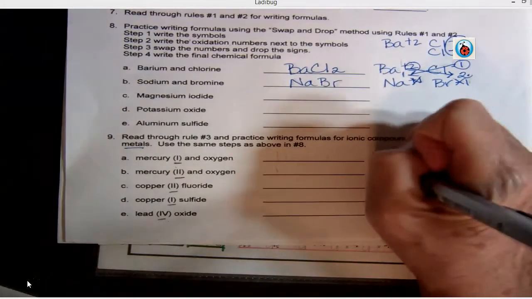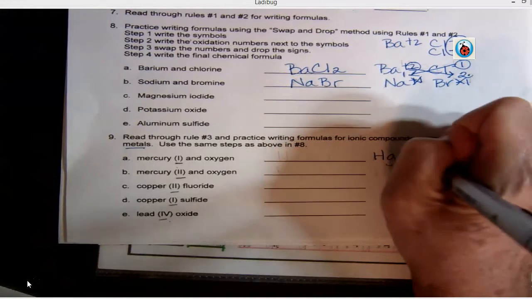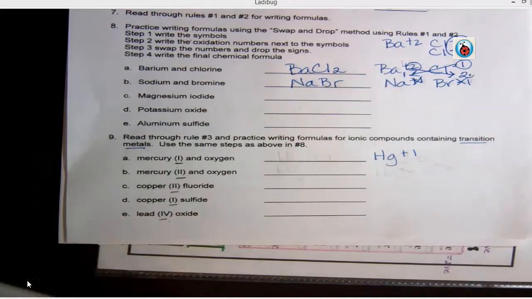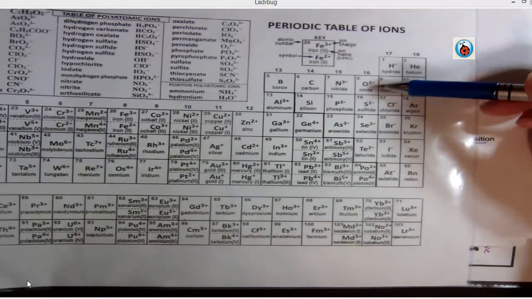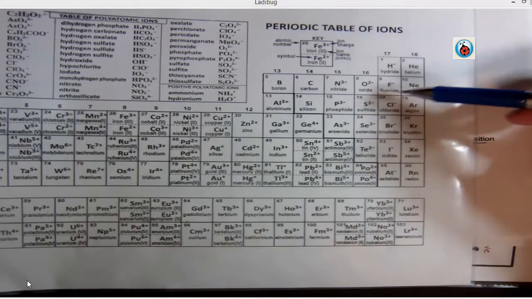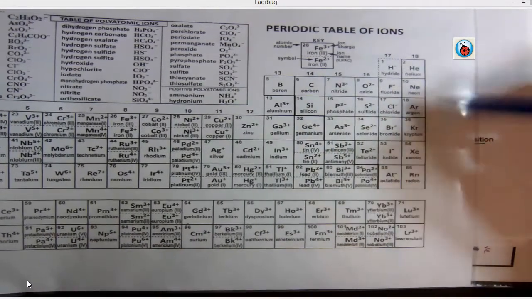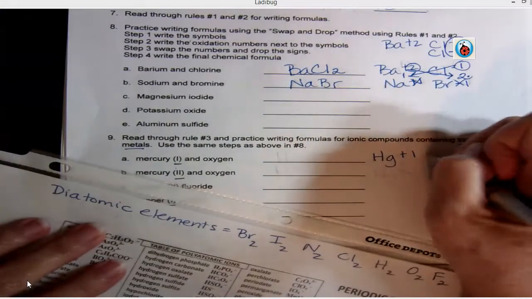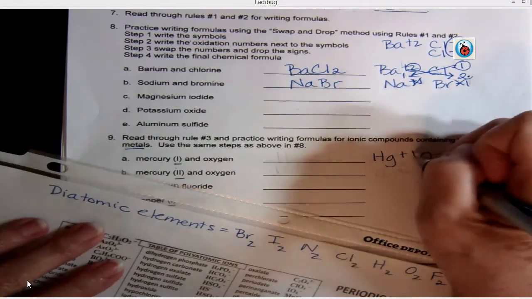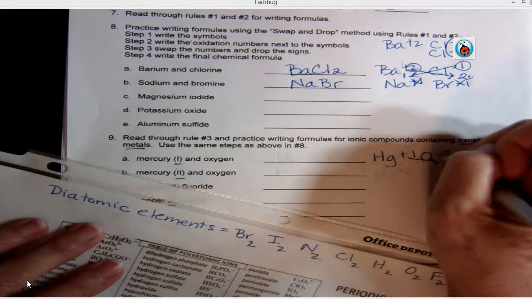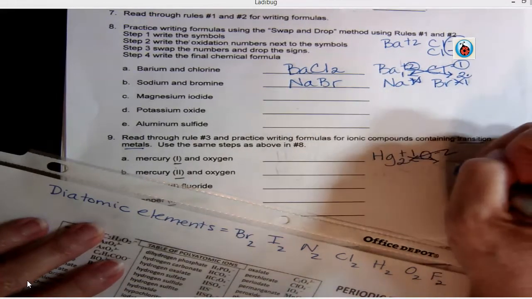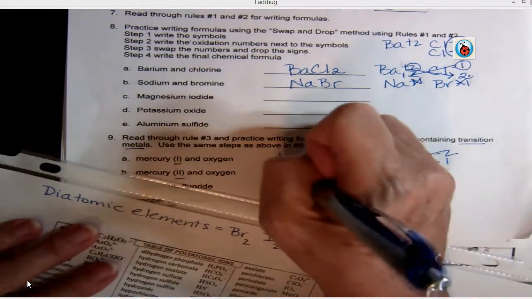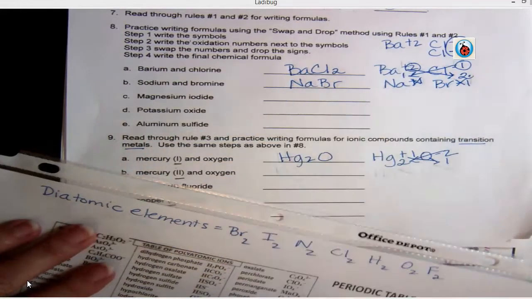So again, mercury, the +1, oxygen is always -2. Notice none of our nonmetals have more than one oxidation number, so it's always -2. So when I swap the numbers, drop the signs, I get 2 mercury and 1 oxygen.